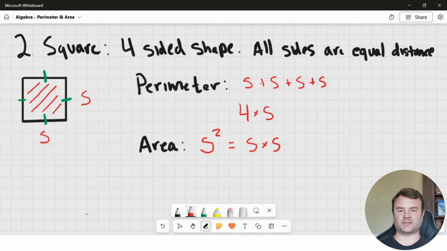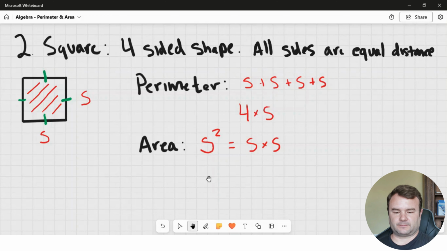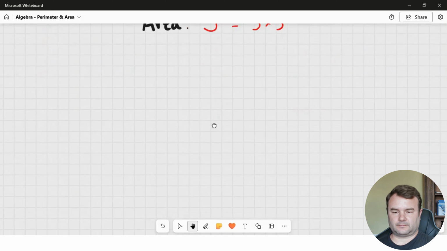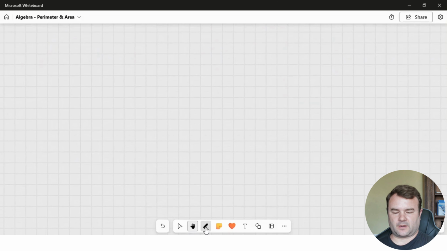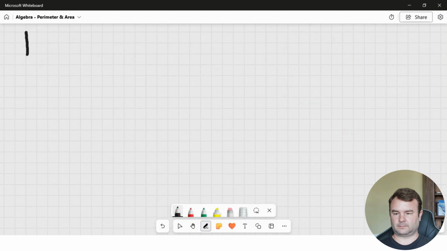So now that we have the algebraic definitions of what perimeter and area are for a square, let's go ahead and use an example to further help us understand this better. So we'll draw out our example square here. Okay.